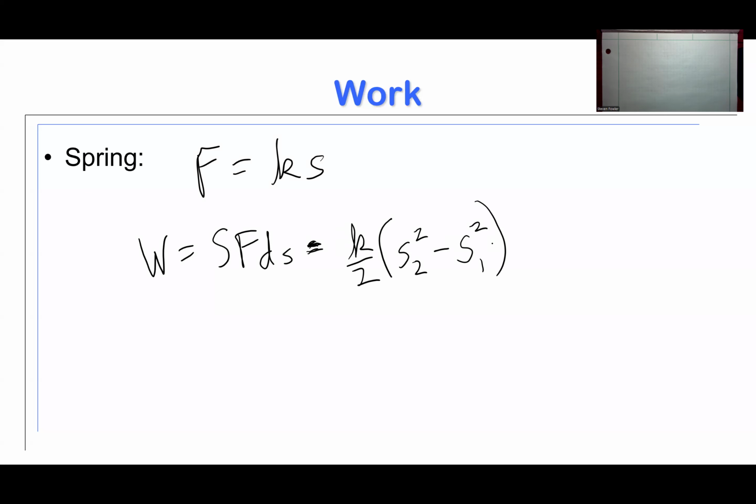This would give you the amount of energy stored in a spring, whether it's being compressed or stretched, based on how far it goes from the initial position to a final position.